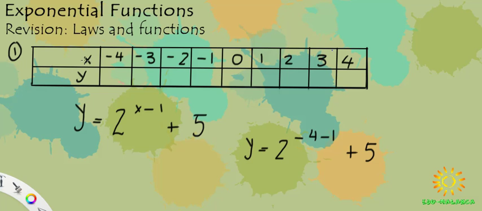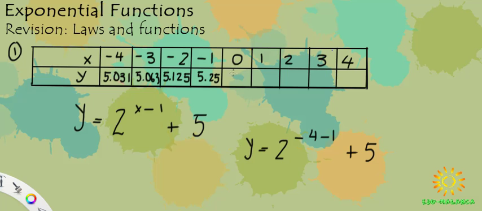So when x is negative 4, y is equal to 5.031. When x is negative 3, y is equal to 5.063. When x is negative 2, your y is 5.125. For negative 1, you get y is equal to 5.25.